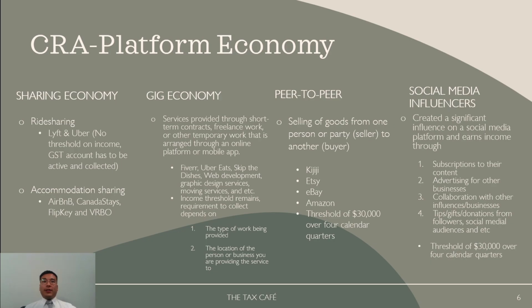So this specific slide talks about the different platform economies set by CRA. It could be a sharing economy, ride sharing, accommodation sharing, or a gig economy. Basically, if you're a freelancer, you list yourself on a website such as Fiverr or Uber Eats or Skip the Dishes, right?